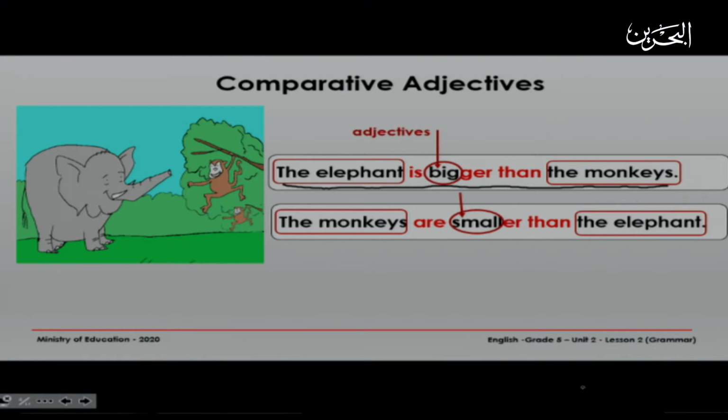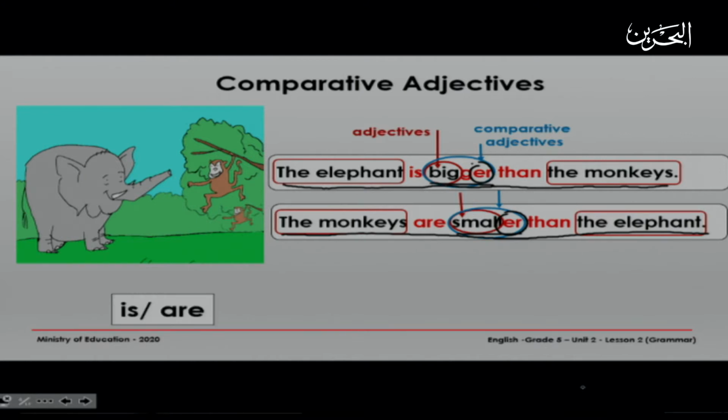The adjectives here, we have big, and in the second example, which is the monkeys are smaller than the elephant. Here the adjective is small. To make it comparative, you have to add ER to the end of the adjectives. So the word will become bigger, and here smaller.